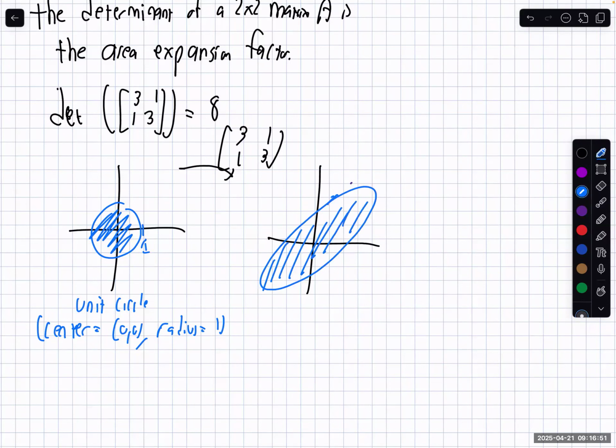So its output is an ellipse. And very roughly, the radius here is 1.